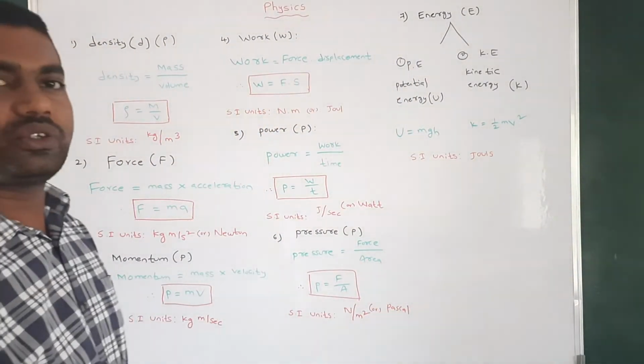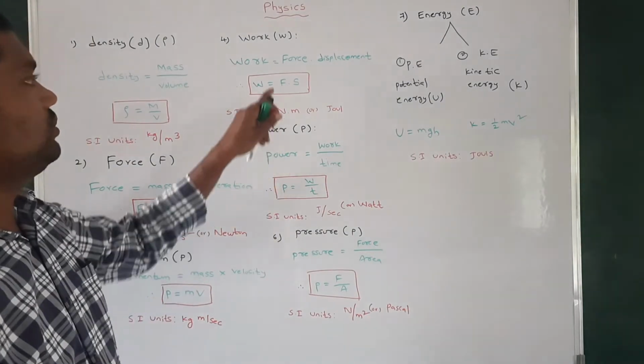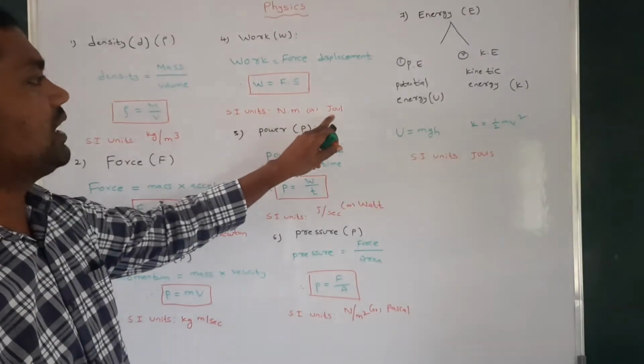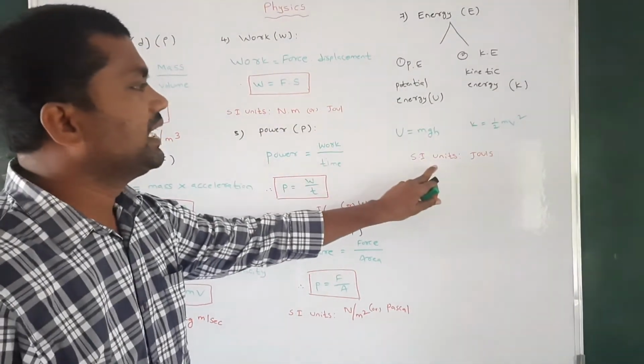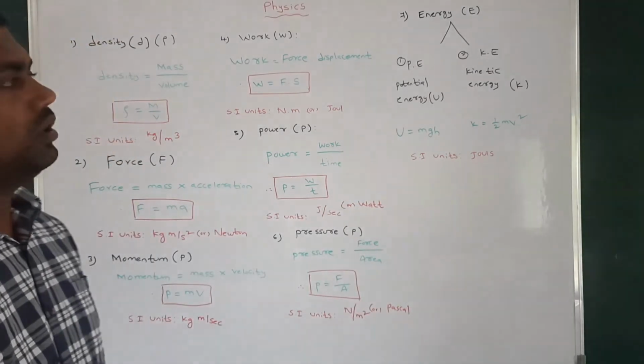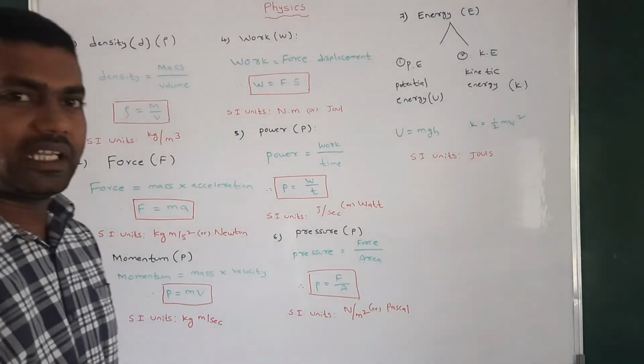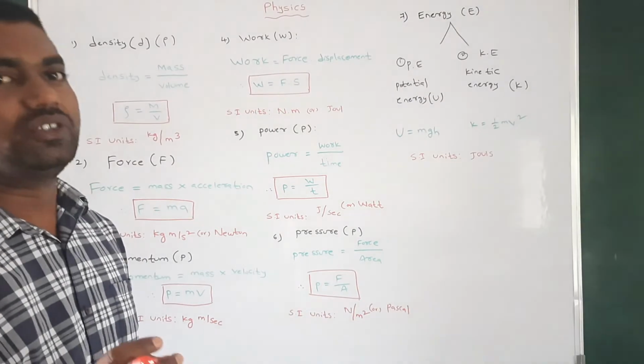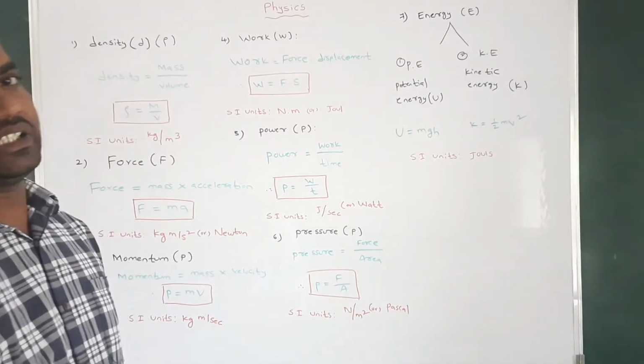Already we know joule is the SI unit of work. So work's SI unit is joule and energy's SI unit is also joule. All types of energies will be measured in terms of joule. Joule is a scientist's name.